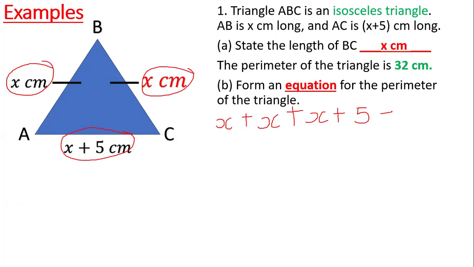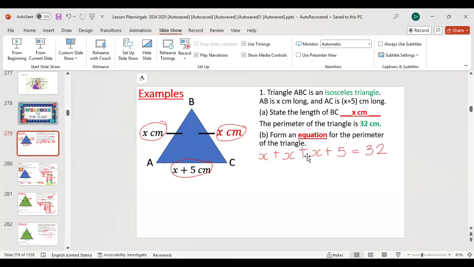It's equal to what? It's equal to 32 centimeters. Why 32? Because that's the perimeter. Very good. So we have X plus X plus X plus 5 is equal to 32.